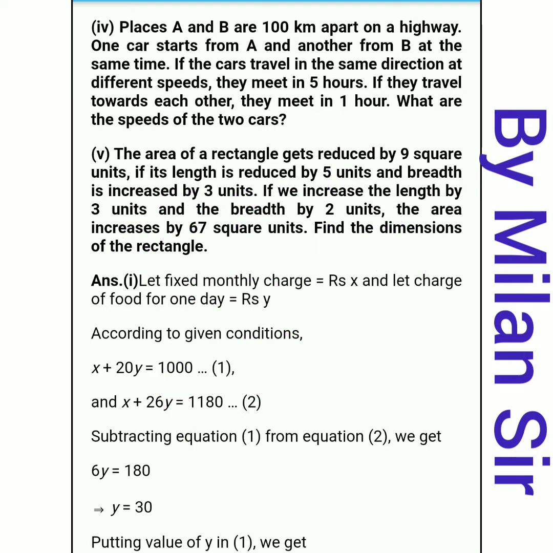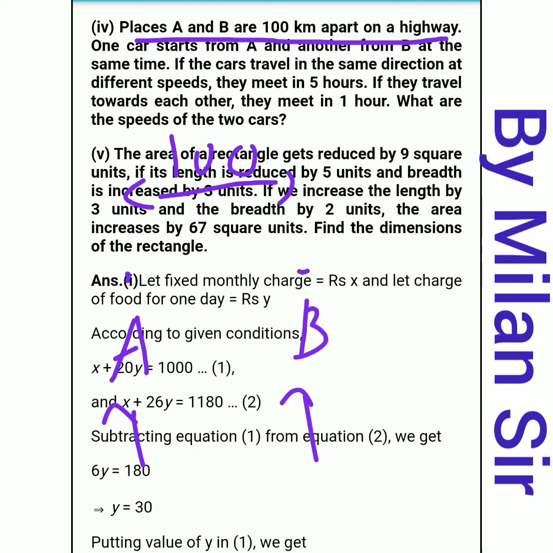For the first equation, just read this line. Places A and B are 100 km apart on a highway. So let's suppose A is here and B is here, 100 km apart. Then one car starts from A and one car starts from B at the same time.